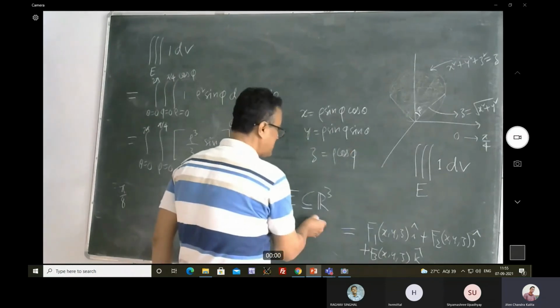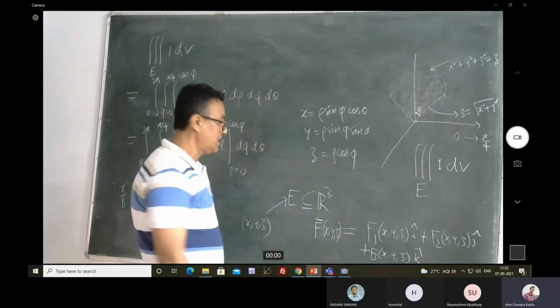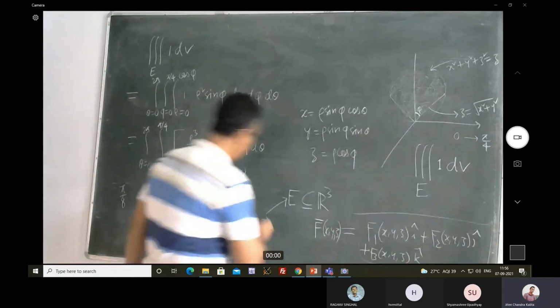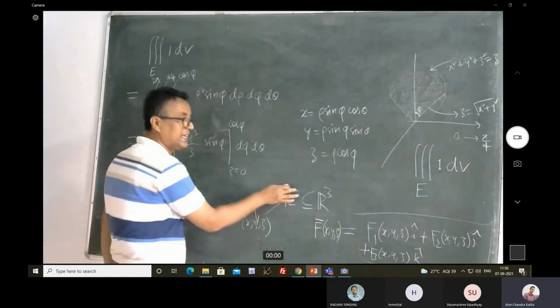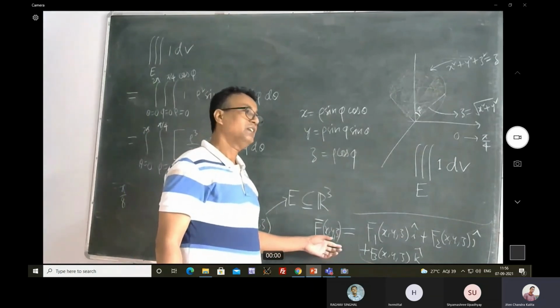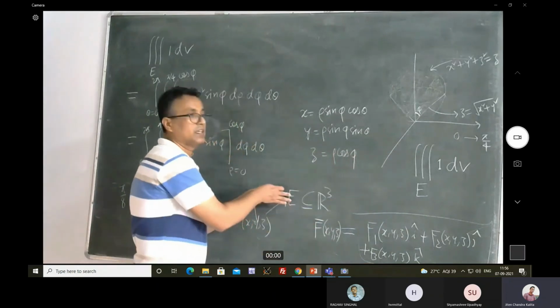Then this vector F itself is going to be a function of x, y, z. So through this formula, at each point x, y, z in E, I can define a vector. That is what defines a vector field in the region E.